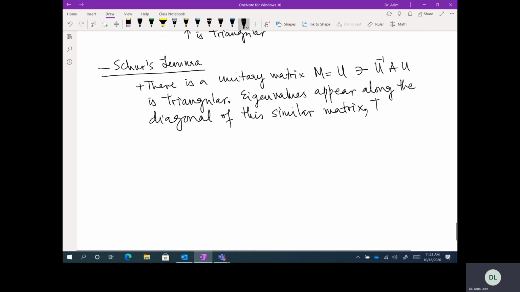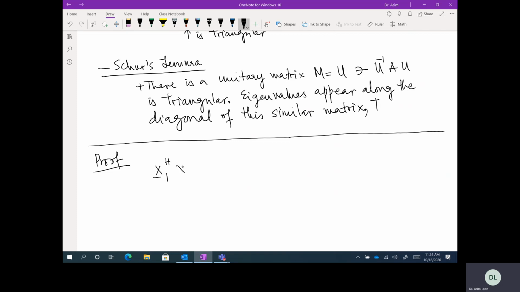Okay, so where is the proof? How do we prove this one? So I'll give you a sketch of the proof, and then we are going to do an example, just to show you if this works or not. So the proof is, let x1 Hermitian times x1 be equal to 1. So bases for C^n are x1, u1 up to u(n minus 1).